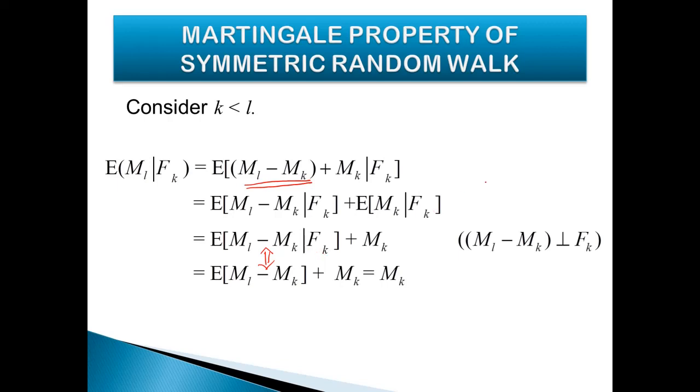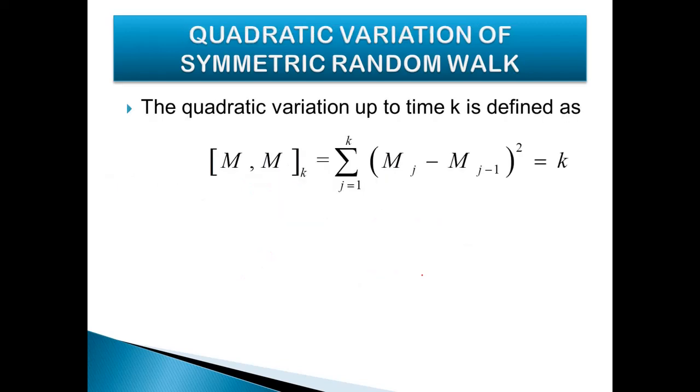On the other hand, if you consider the expectation of M_k given F_k, this value is already known at time k. So we just have M_k. Now the expectation of any increment is equal to 0, so you have only M_k. That's how the symmetric random walk is a martingale. We don't have this property for the asymmetric case. We don't have this property if p is not equal to q. This one is not in general, it's only for the symmetric random walk.